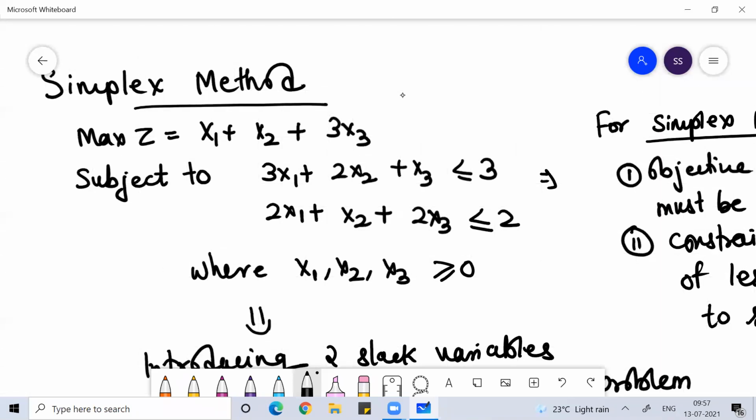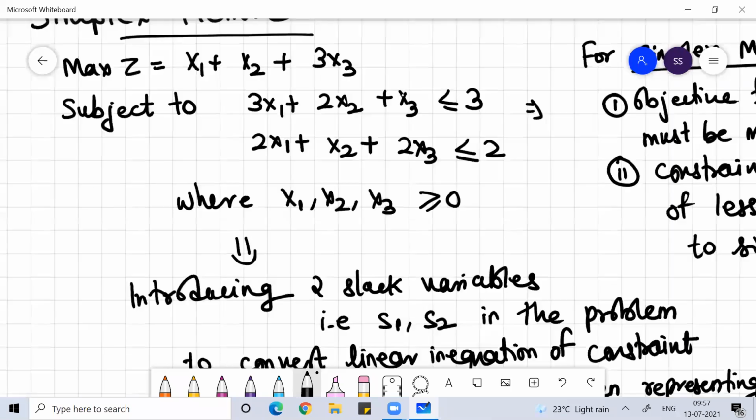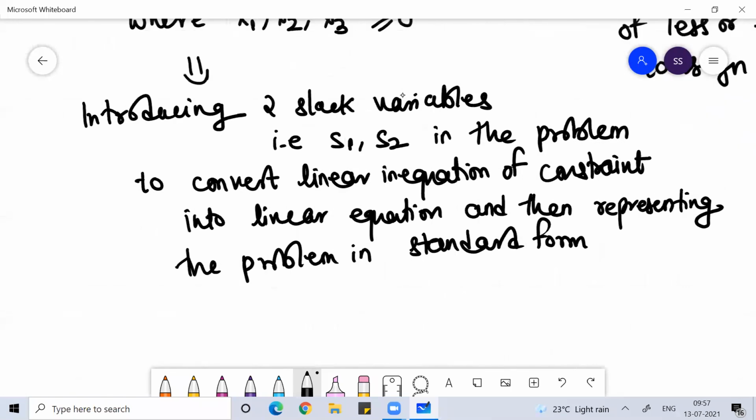What I'm trying to do is convert the linear inequation of the variables into linear equation, and then represent them in the standard form. Clear, everyone?